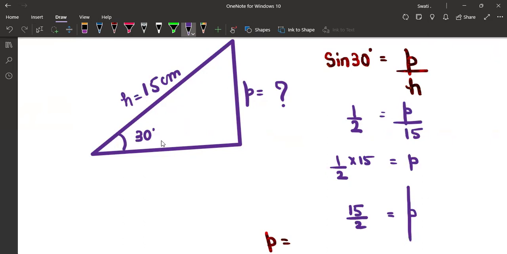You know how to convert a fraction or a rational number into a decimal number, right? Yes. So 15 by 2, whatever answer I get, that will come in centimeter and that would be our answer.